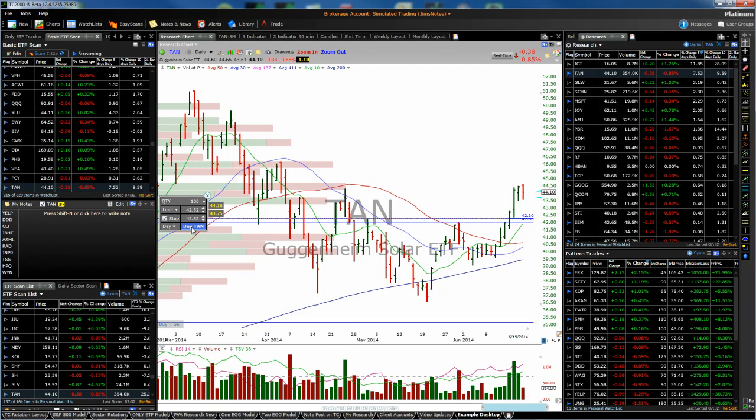It's a buy order, buy TAN, good for the day, and I want this to be at 42.30. And so there it sits, and if it hits it, the trade gets executed. In this case, we bought 4,000 shares, and so we own 4,000 shares at 42.30.